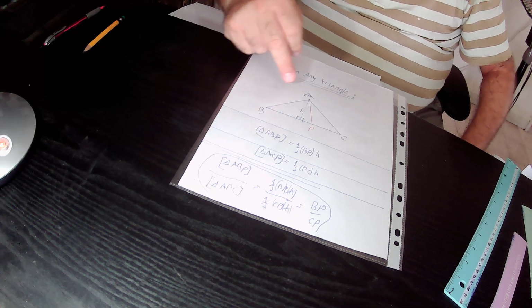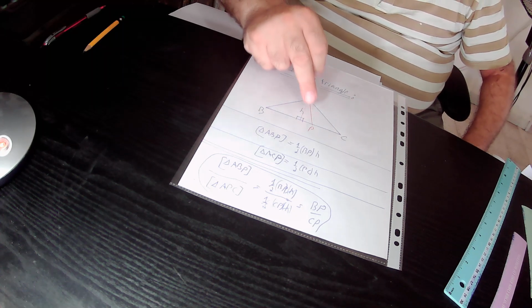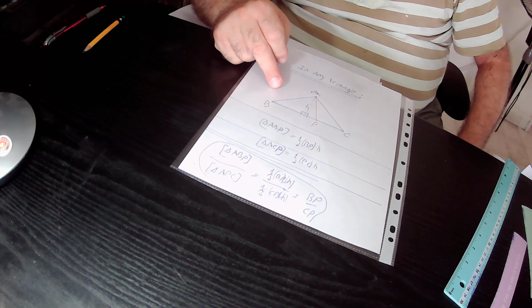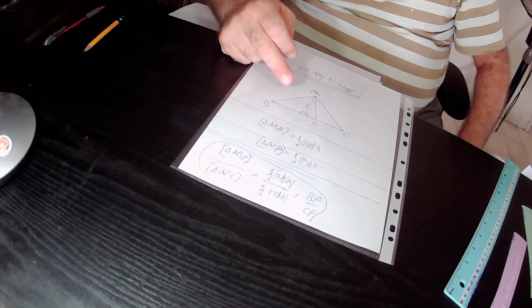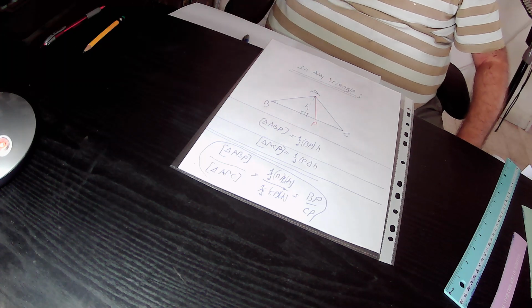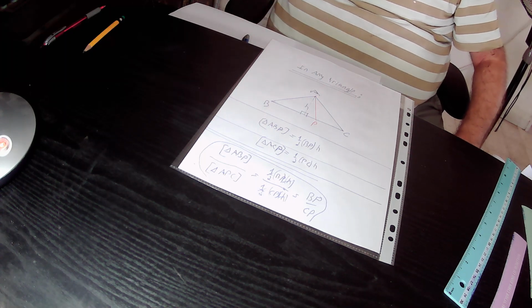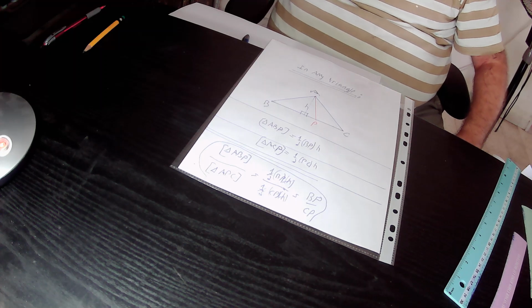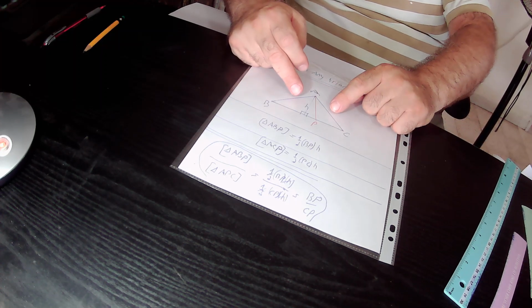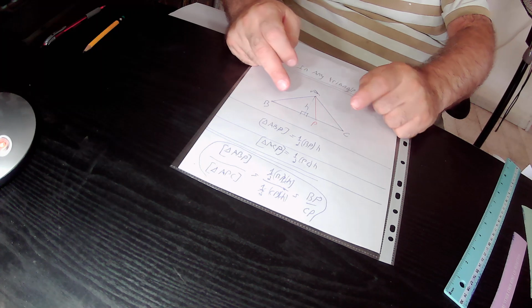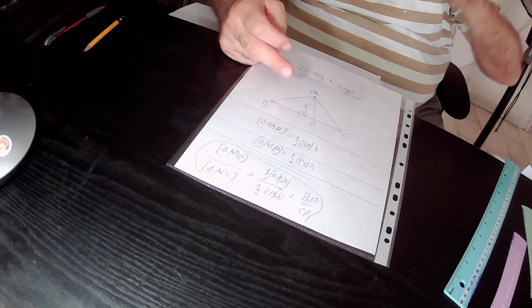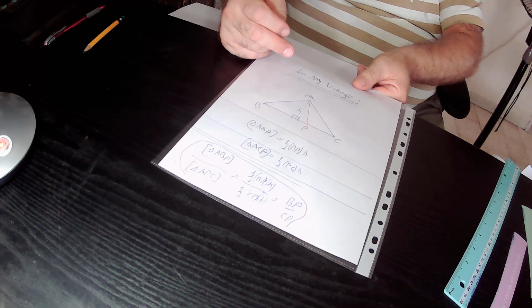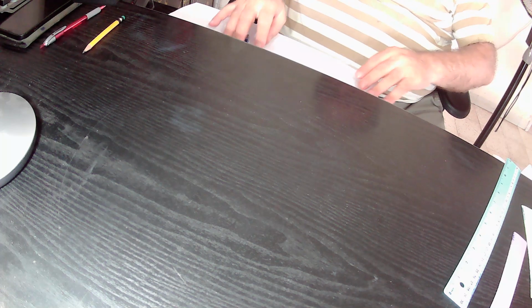Because the area of triangle ABP over the area of triangle APC equals BP, the base of triangle ABP, over PC, the base of triangle APC. So we can actually implement the new rule in our drawing.